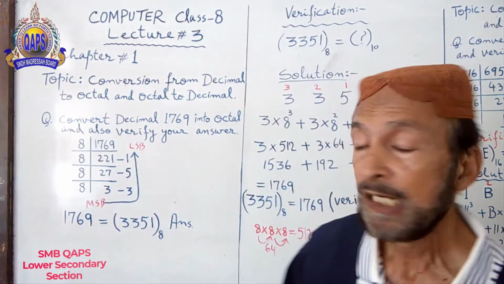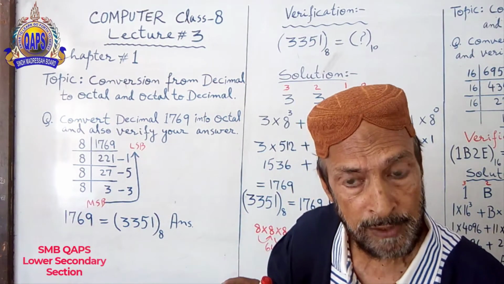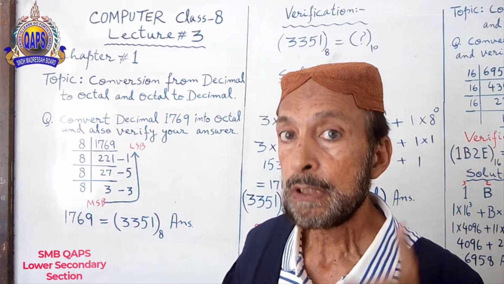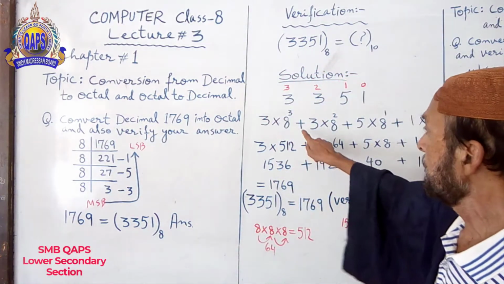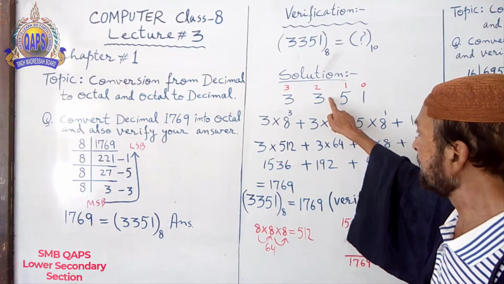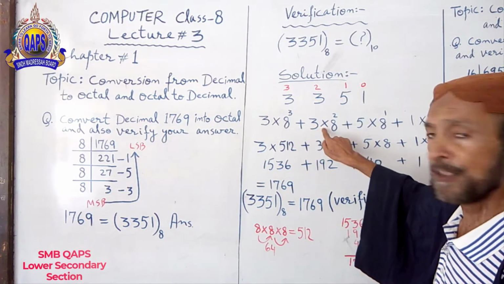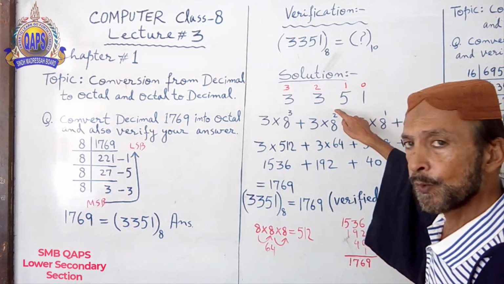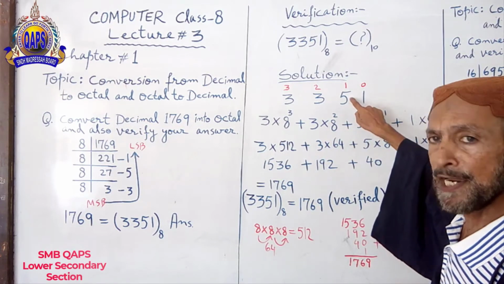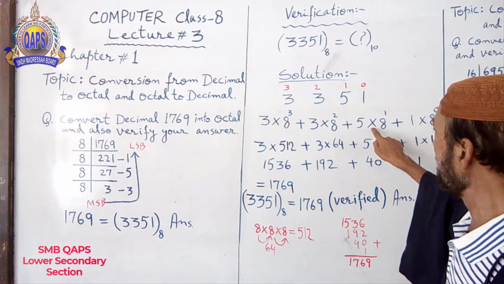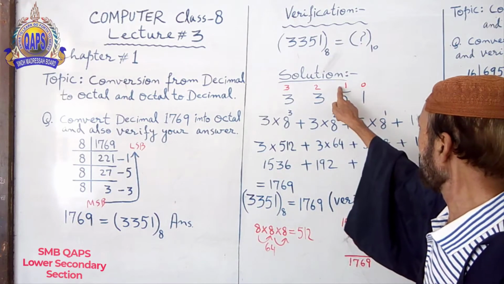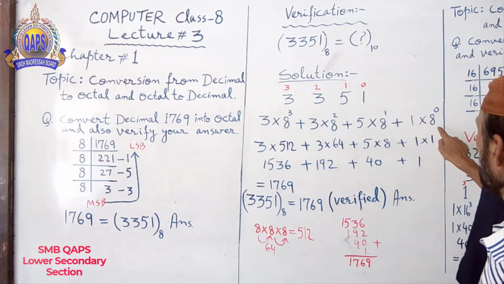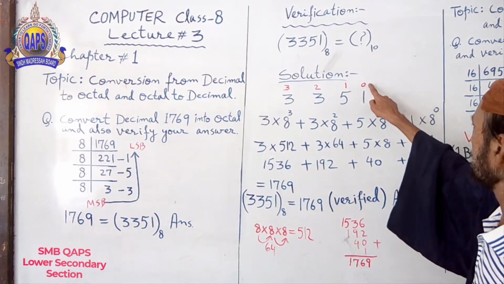The reason is that it's octal number. And we are converting this octal number into decimal. Plus, this 3 will come over here, multiply by 8 raised to the power 2 plus 5 multiply by 8 raised to the power 1 plus 1 multiply by 8 raised to the power 0.